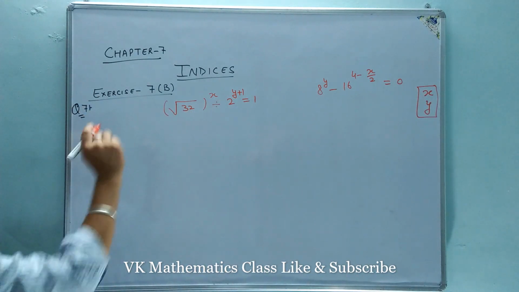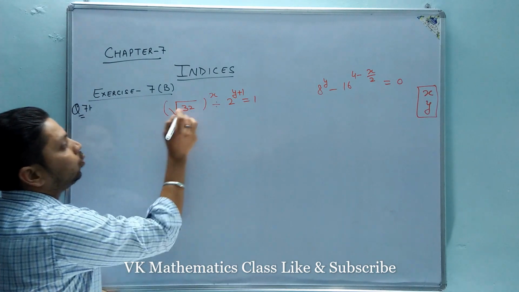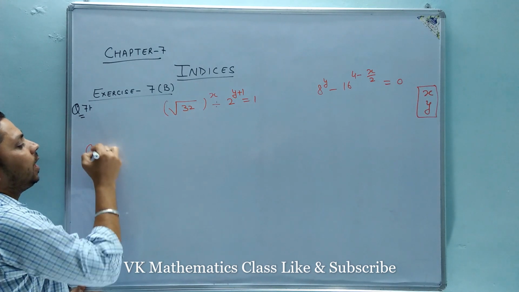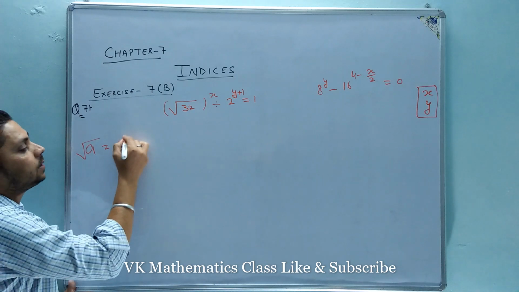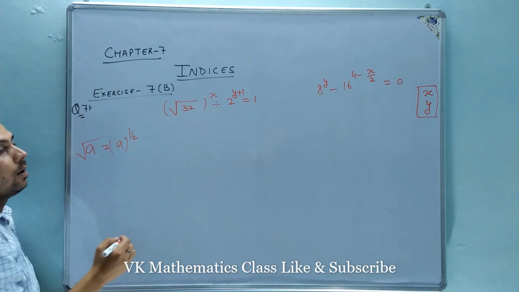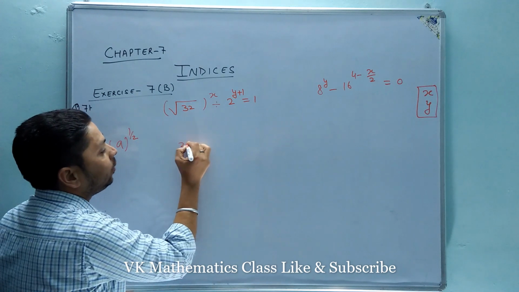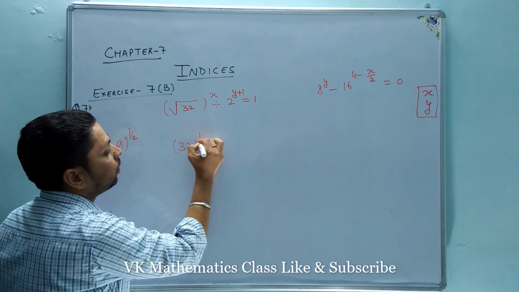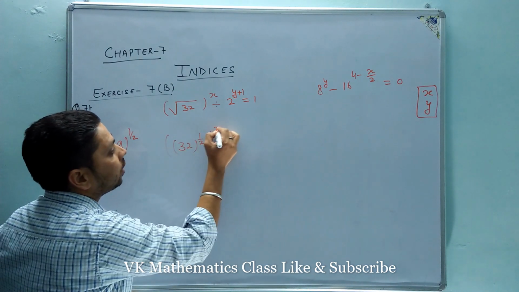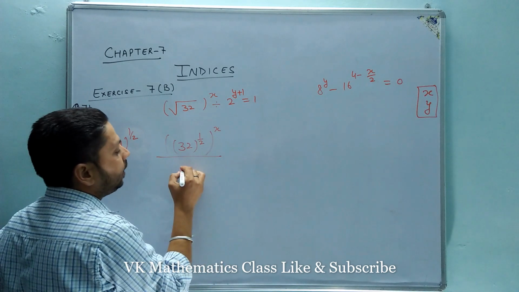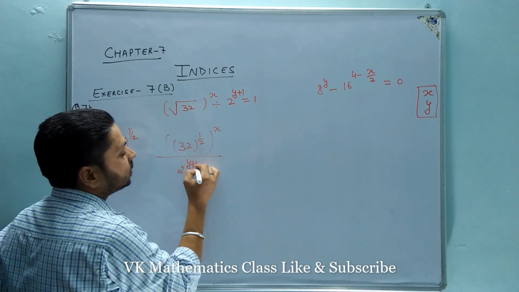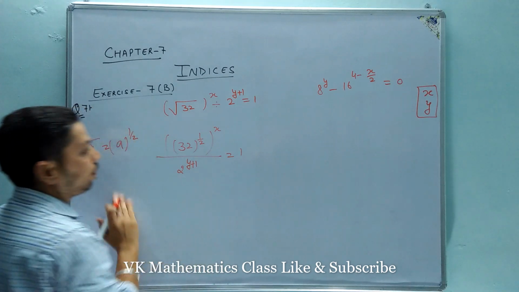Now starting with the first condition, the square root of 32. A square root of a can be written as a raised to power 1 by 2. Therefore, the square root of 32 can be written as 32 raised to power 1 by 2, whole raised to x, divided by 2 raised to power y plus 1, is equal to 1.